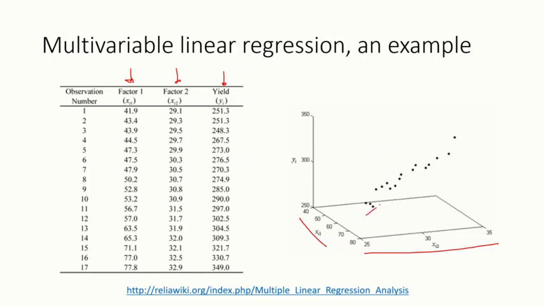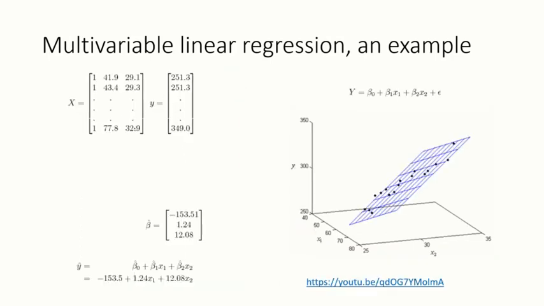So you need to build a line, a plane basically, using these two variables to predict your y. This is a prediction, okay? This has n samples, p equals 2, two variables, to predict y.